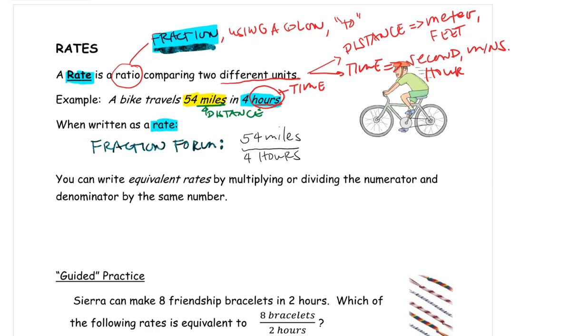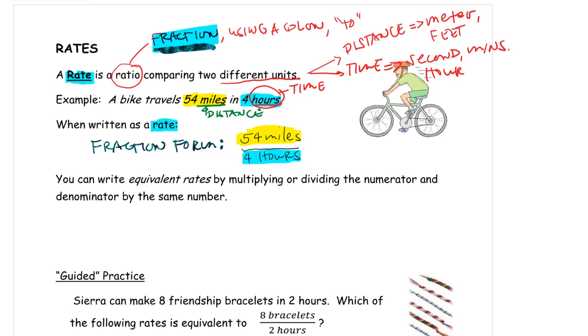Again, it describes the quantity distance and the unit of time, which is hours. So the rate of the bike is 54 miles in 4 hours. That's how we write the rate, in fraction form.